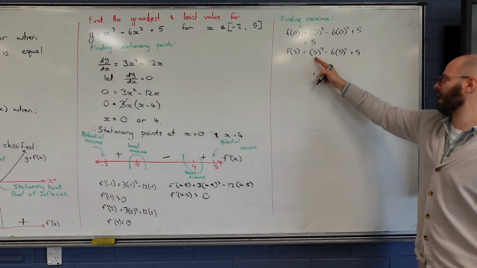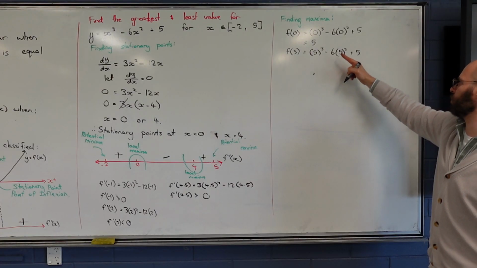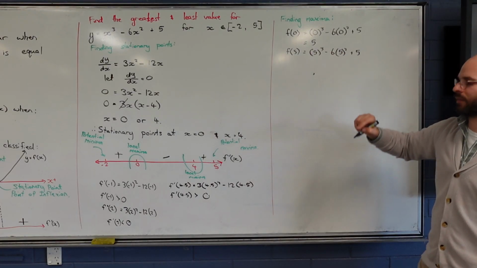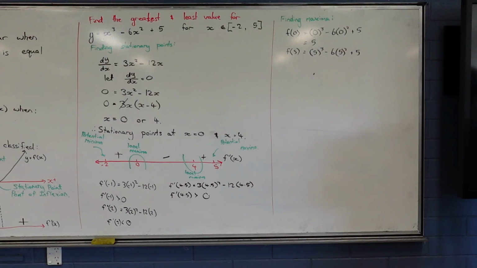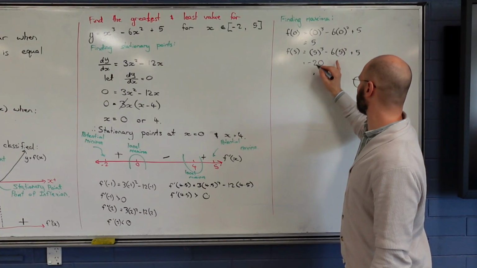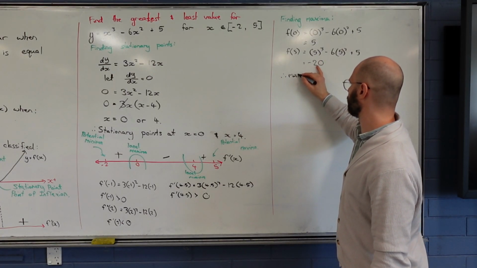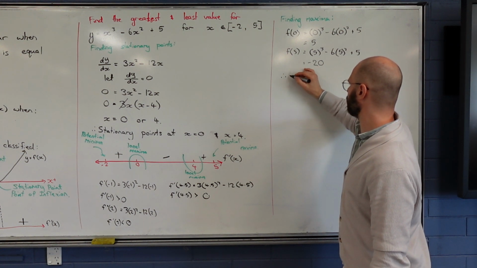So that's 125, take 25 times 6, plus 5. What would that be? Oh, I didn't get you calculators, sorry. Negative 20. Oh boy, that didn't get very big at all. Okay, so therefore maxima are at 5 or 0.